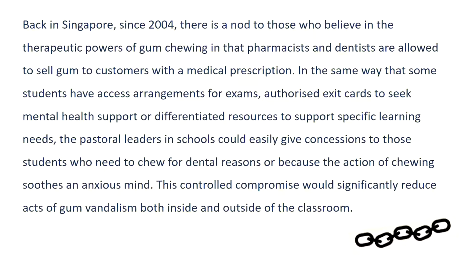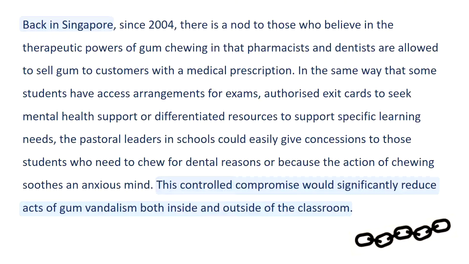And another great start here to this paragraph in terms of linking back to what's come before, back in Singapore, so pulling the reader back to remember that story about Singapore, and then again adding research, adding information about what happened there, but using that to then suggest a compromise. This controlled compromise would significantly reduce acts of gum vandalism, both inside and outside of the classroom.